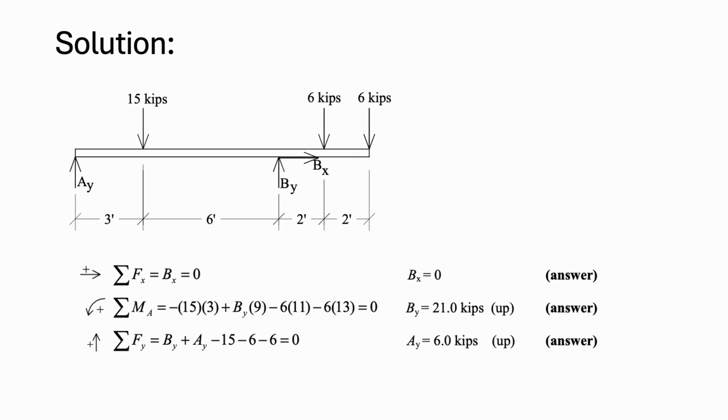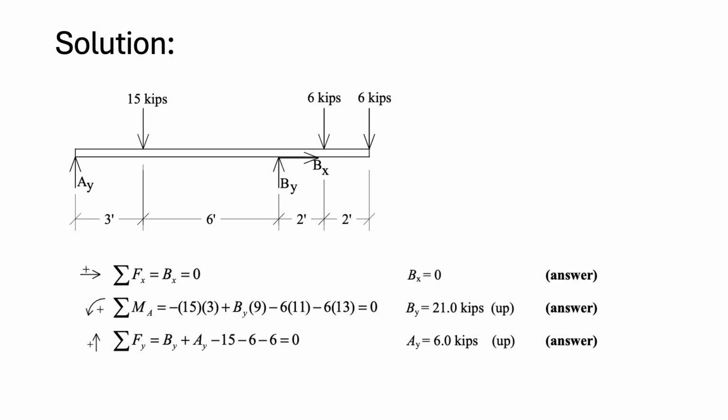Using this equation, we will obtain that Bx is equal to 0. Then we have the next equation, sum of moments about point A is equal to 0, which means we have the force of 15 kips times 3. Why 3? Because moment is force times perpendicular distance, and in this case the moment will be clockwise.